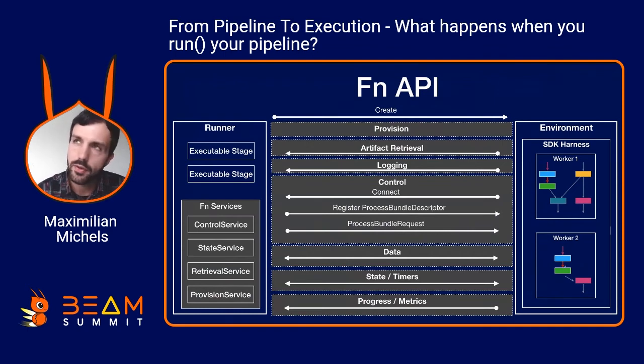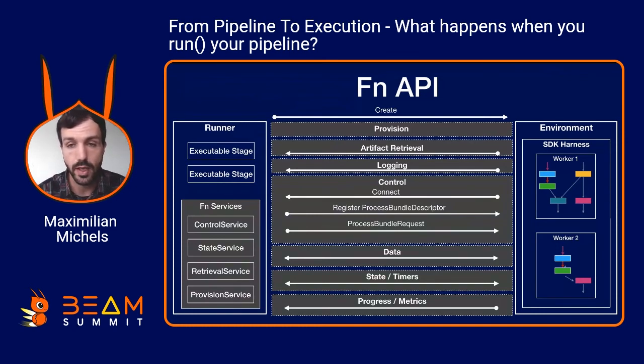The process bundle descriptor is like a stripped down version of the pipeline to just give the SDK harness enough information to execute transforms, or an executable stage essentially, which is a set of transforms. And this is really cool because in that sense, the SDK harness is stateless.